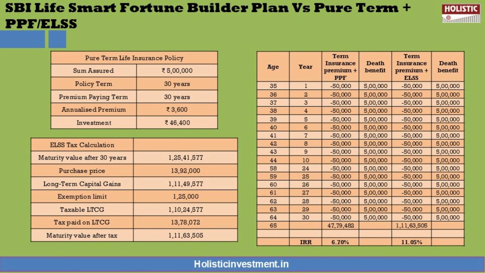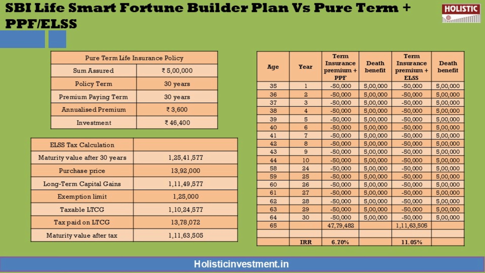As you can see, for the PPF investment, the estimated maturity value is 47.79 lakhs with an IRR of 6.70%, which closely matches the SBI Life Smart Fortune Builder plan, but is slightly higher than that. Despite being a debt instrument, PPF does yield higher returns than the IRR scenario in the ULIP.